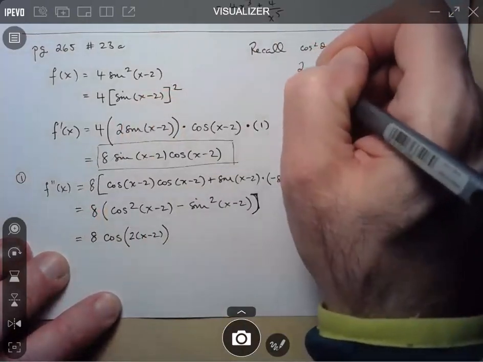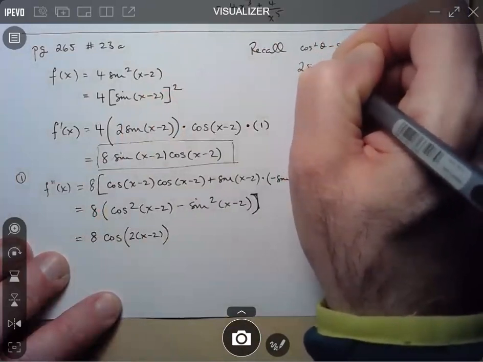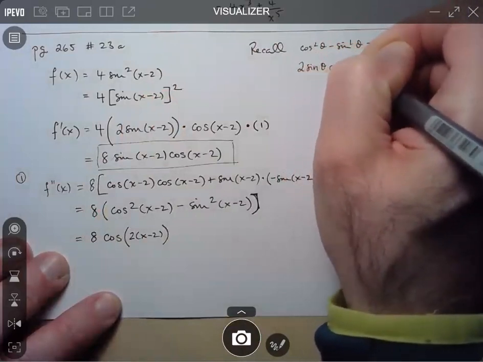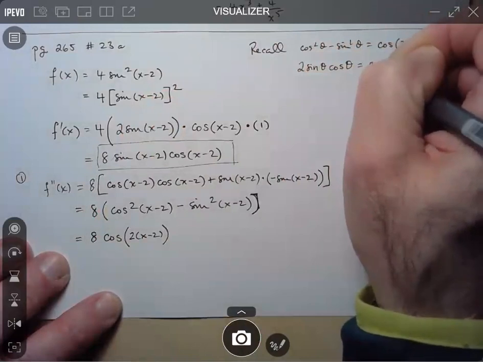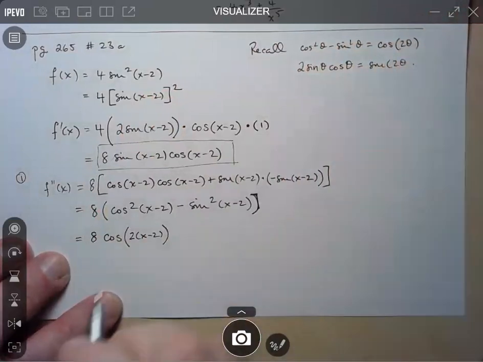Well, it should, because 2 sine theta cos theta is equal to sine 2 theta.